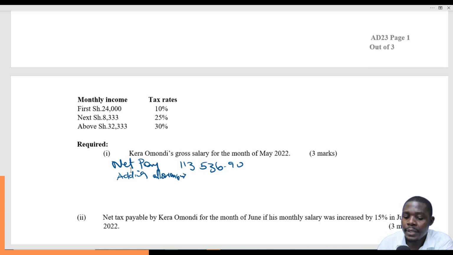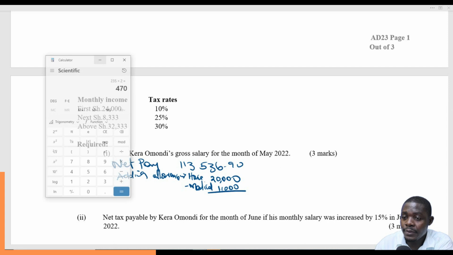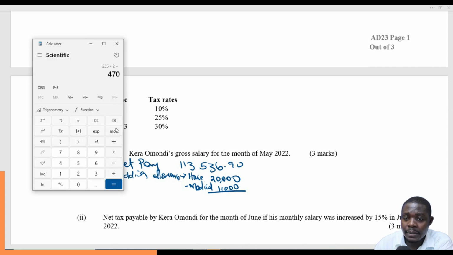Allowances, we had house, which was 20,000. We had allowance for medical, which is 11,000. When you add, let's use our calculator again. We have 113,536.90 cents.